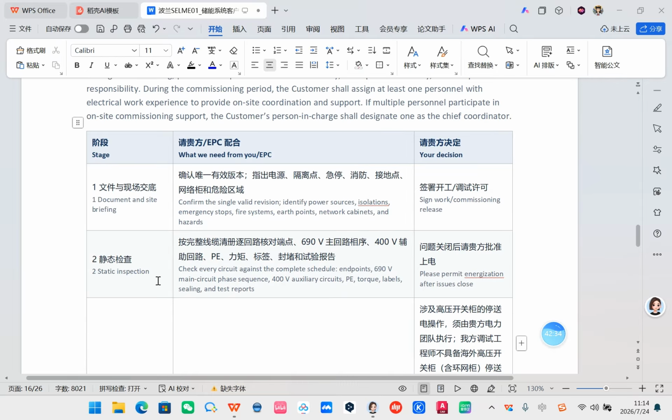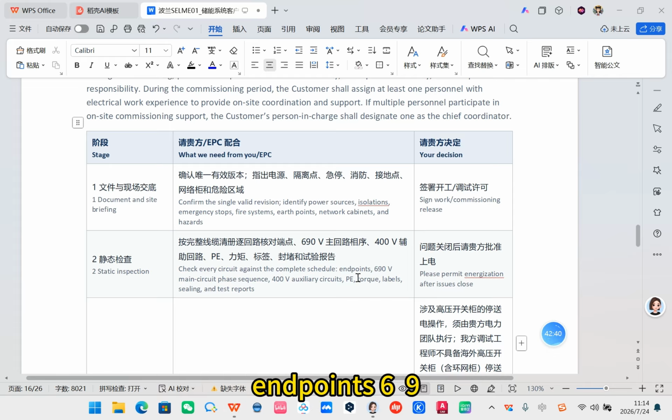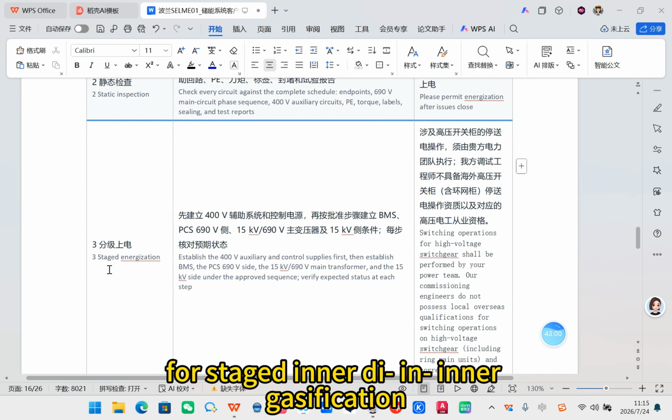Static inspection. Check every circuit against the compliance schedule. Endpoints, 690V main circuit phase screen, 400V auxiliary circuits, PE torque labels, sealing and test report. 4. Staged energization.